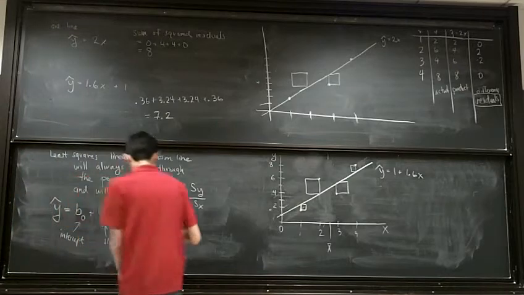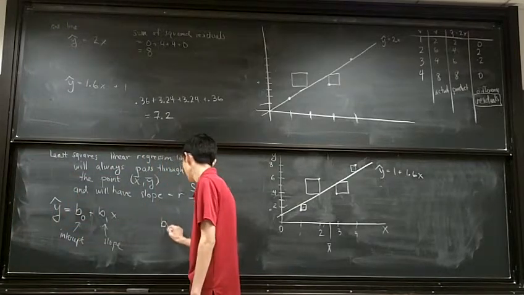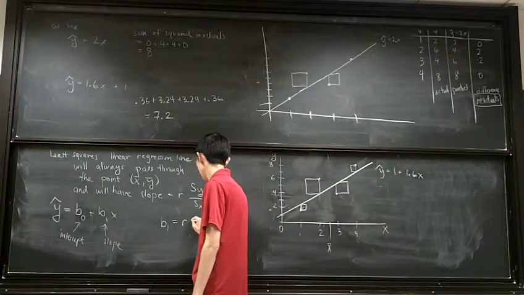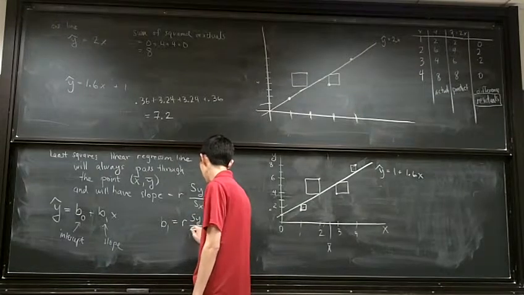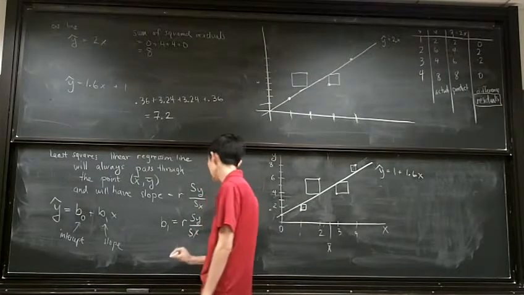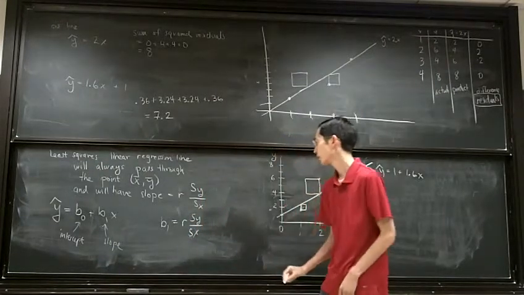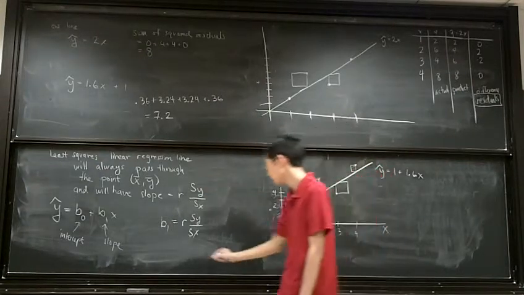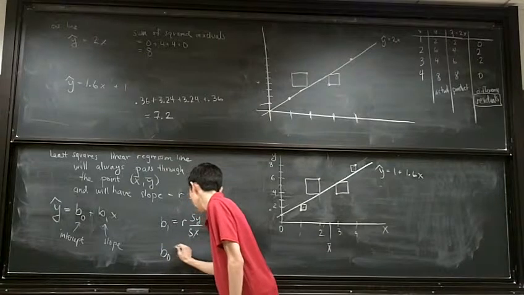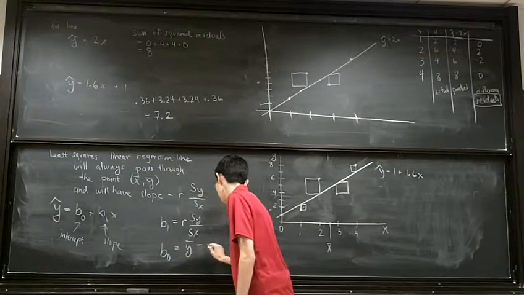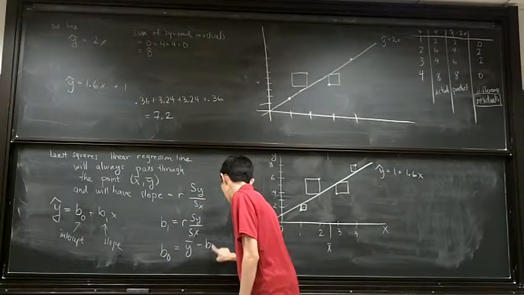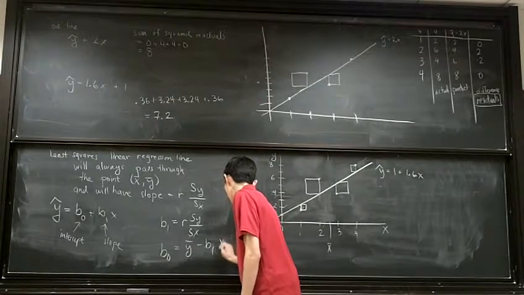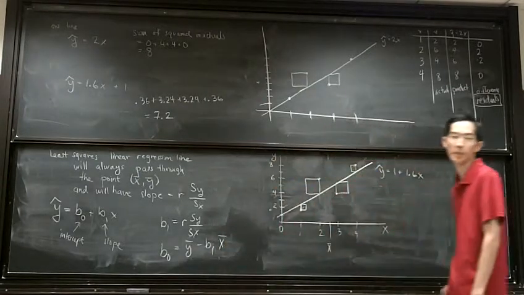So you would say my slope, b1, is given by this formula: r times the standard deviation of y over the standard deviation of x. Okay. And then if you put this in the point slope form and solve for the intercept, it will always be equal to y bar minus b1 times x bar.